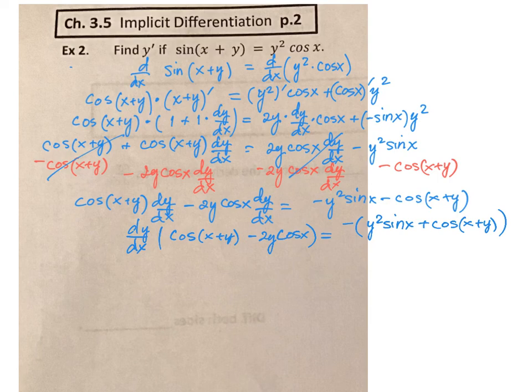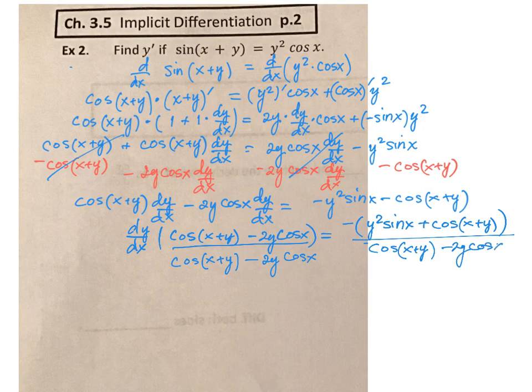To solve for dy/dx, I will divide both sides by cosine of (x plus y) minus 2y cosine of x.